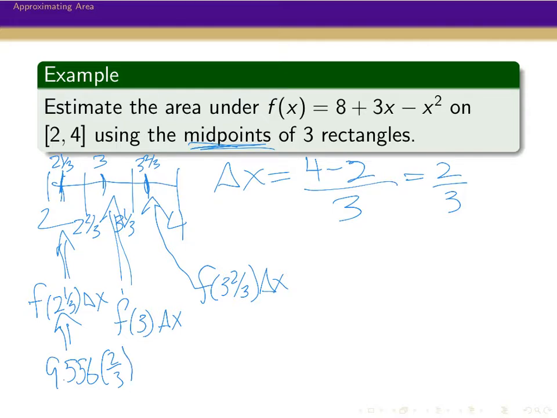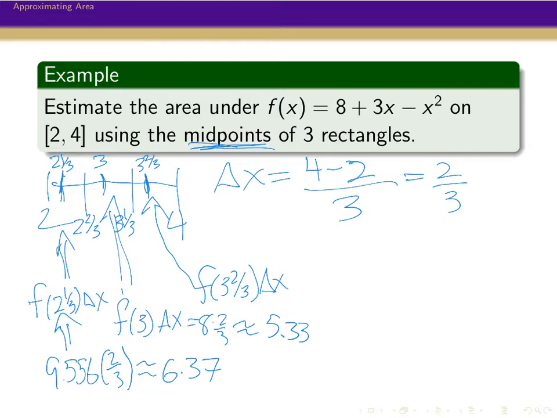And so I get the area for the subrectangle to be 6.37. Okay, for the next one, doing the function value at 3, so 8 plus 3 times 3 minus 9, that is exactly 8, times 2/3. Eight times 2/3 is 5.33, going on forever.